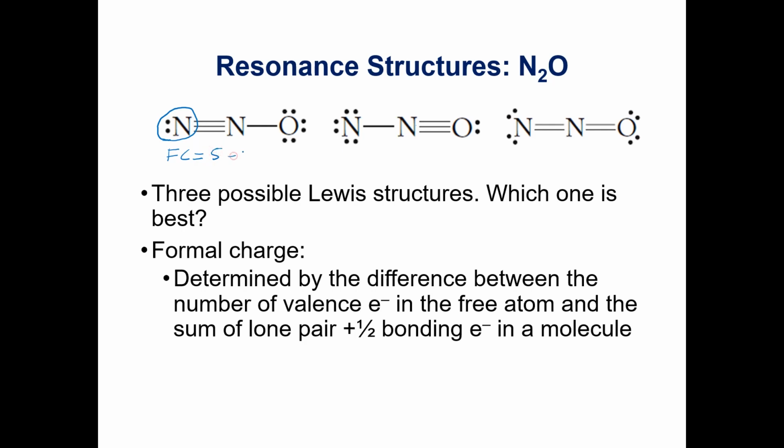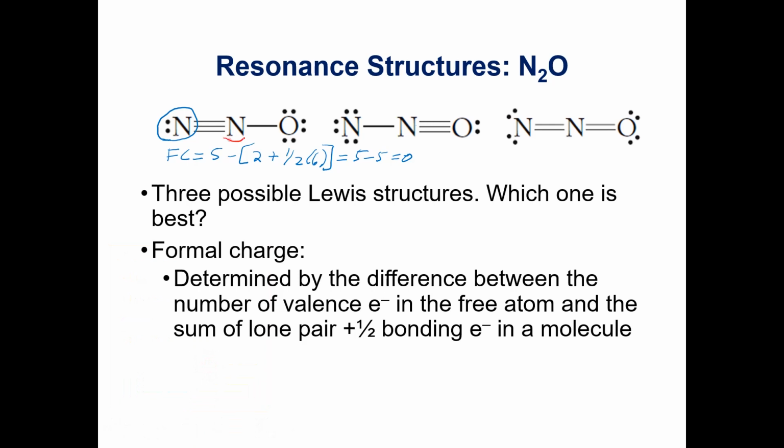So I'm going to do 5 minus, and we want the sum of the lone pairs, so there's 2 electrons in the lone pair, plus 1/2 of the bonding electrons. So I have 2, 4, 6 bonding electrons here. Half of 6 is 3. 2 plus 3 is 5. So 5 minus 5 gives me a formal charge of 0.